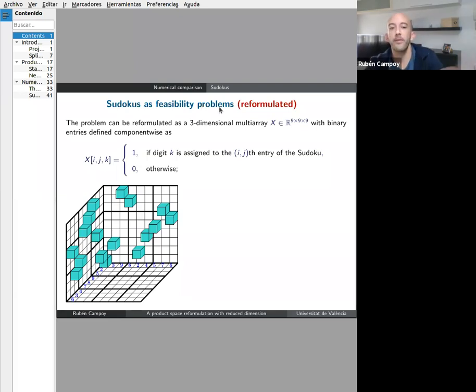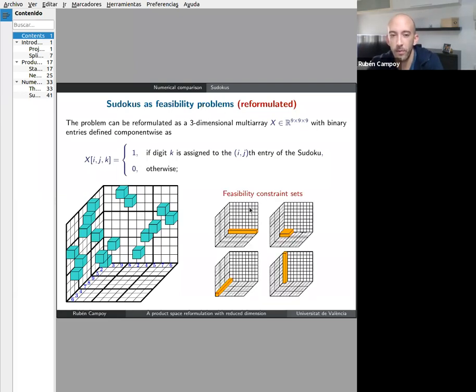So everything can be reformulated in terms of this. The constraint set will look something like this. And I won't get into the details of the formulation and the implementation of projections, but just to say that these sets are defined in terms of saying that each part of the array is a vector of the unit basis, of the standard canonical basis.